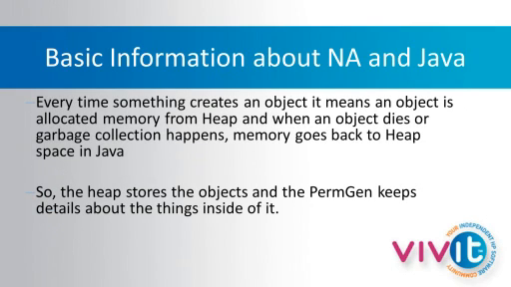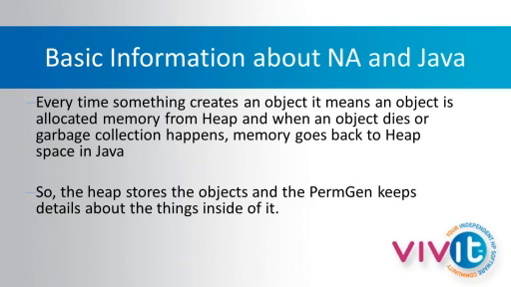Now, when an object is created, the object is allocated from memory, from the heap. Given that, the key here is that when garbage collection is running, it's going to recover that used memory and put it back so it can be used again.